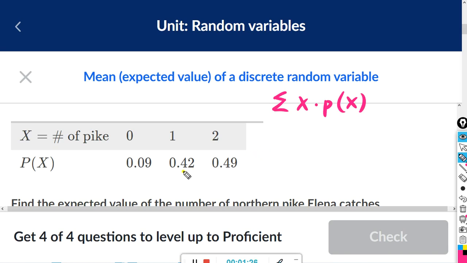We can probably just do our work right here. I better write it out just in case. We have 0 fish, that's our x, times the probability of catching 0 fish, which is 0.09.